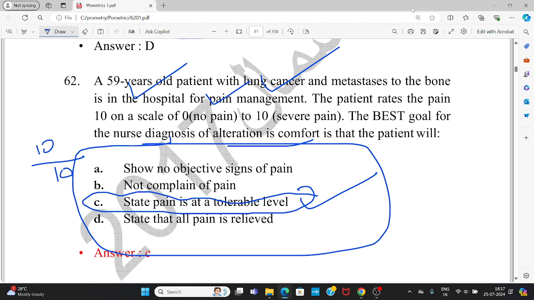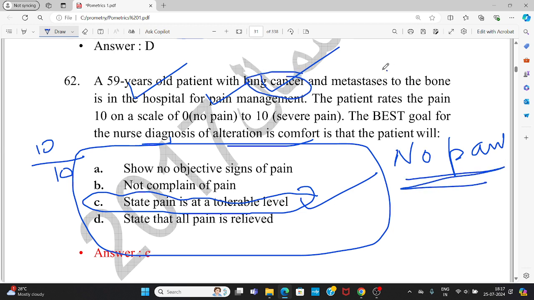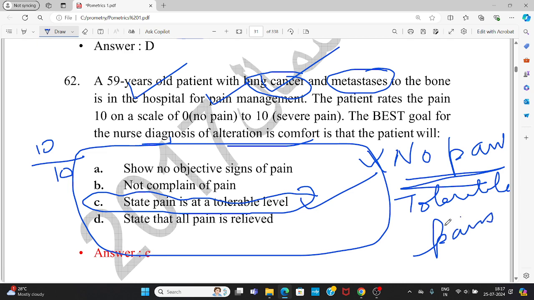No pain. If you say it is no pain, that will never happen. Pain will always be there for this patient. Why? Because the patient has lung cancer and there is metastasis, isn't it? So no pain can never be an answer. It can be tolerable pain. The patient has pain, but he can tolerate. That will be the answer.